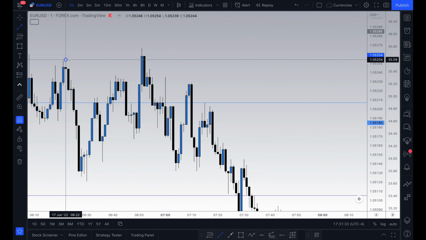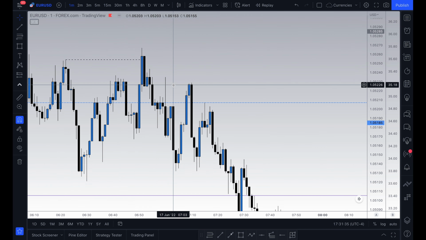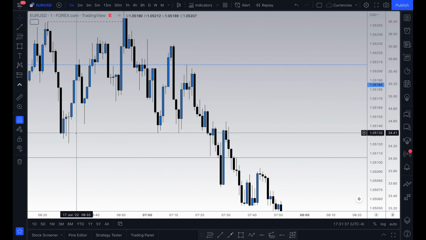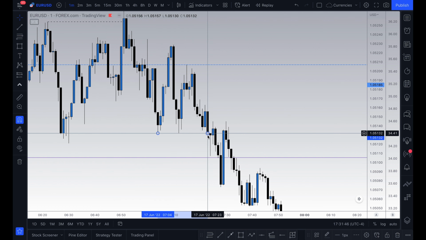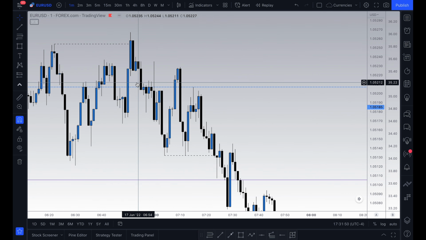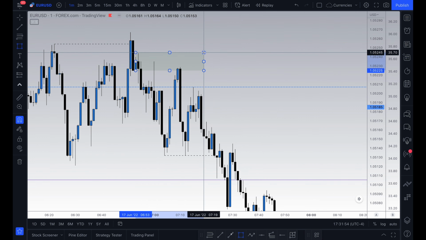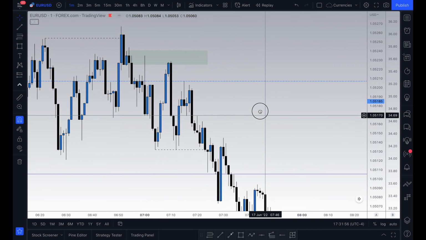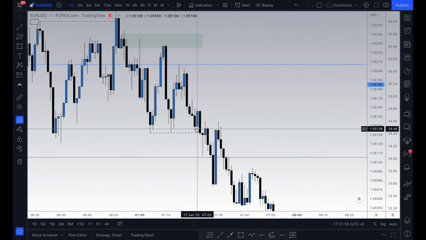Right here, I see that liquidity grab, and then I see a breaking structure. I see that grab, that breaking structure. You can catch these trades as well. The choice is yours, but I would prefer to see that breaking structure.